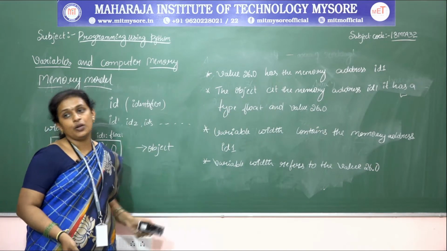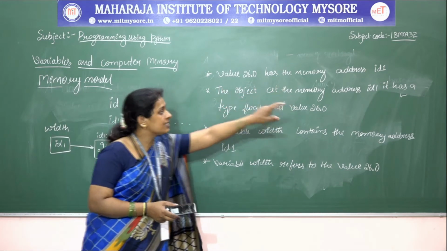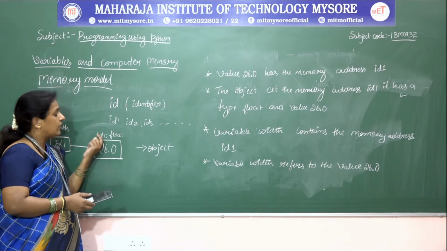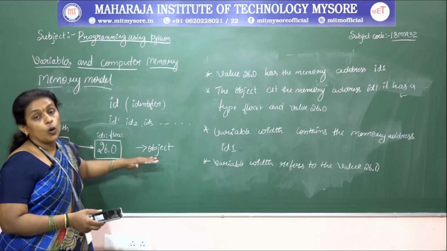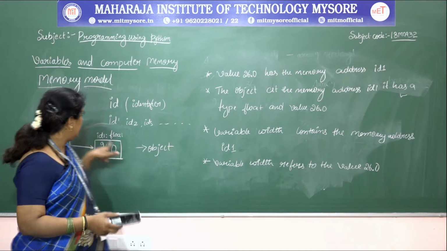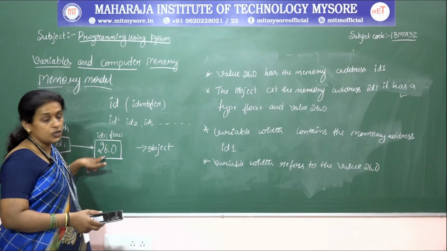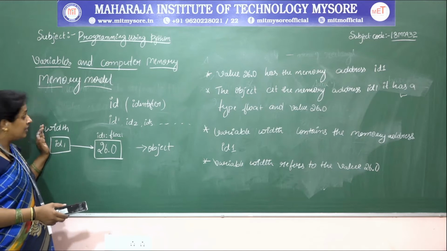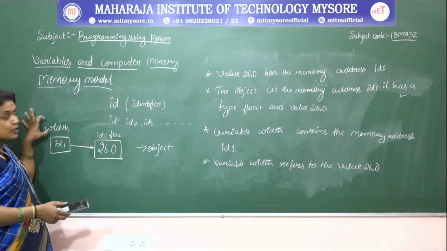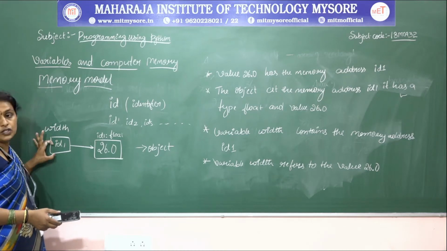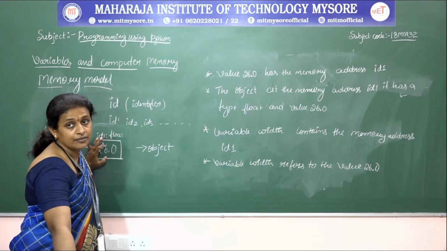So we are going to use the following terminology: the value 26 is at memory address IDE 1, and this whole thing we call an object. The object at memory address IDE 1 is of type float and contains the value 26.0. With respect to variable width, it contains the memory address IDE 1, and variable width refers to the value 26. Got it?